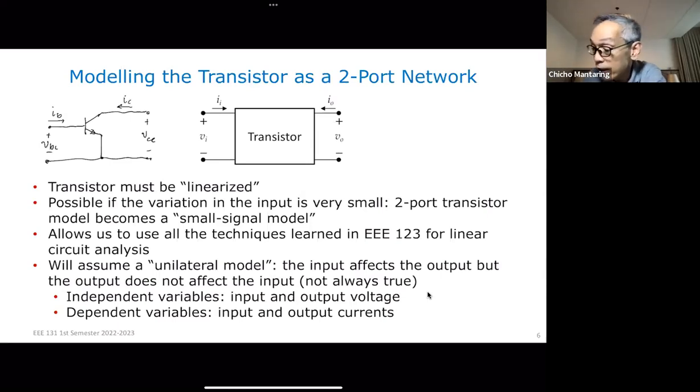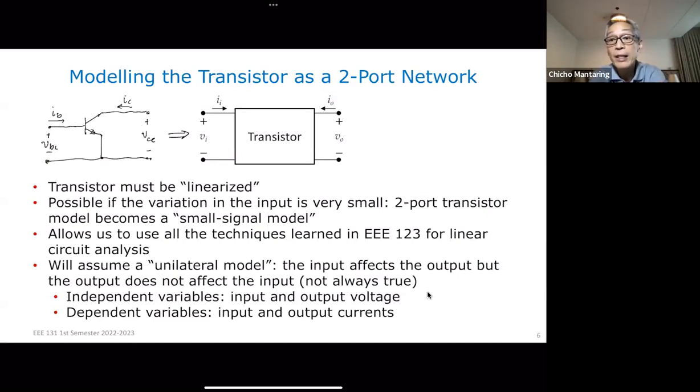So this is just the transistor, nothing else. Transistor lang yan. Walang resistor, walang kahit ano na kabit. What I want to do is model it as a two-port network, where I have an input side, V sub I, I sub I, and an output side, V sub O, I sub O.